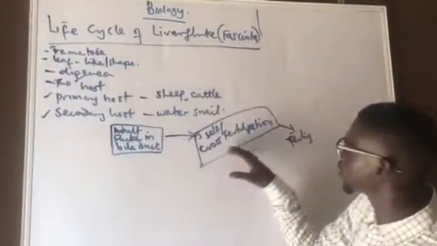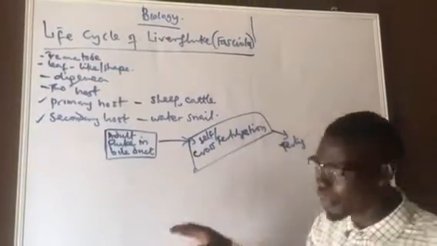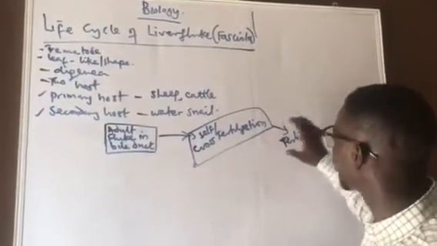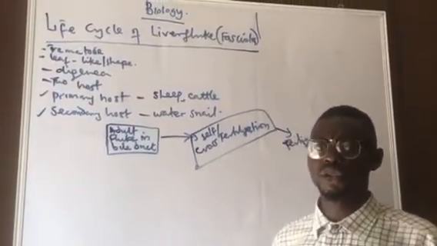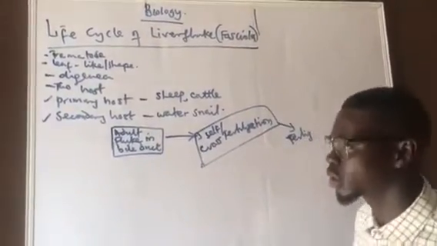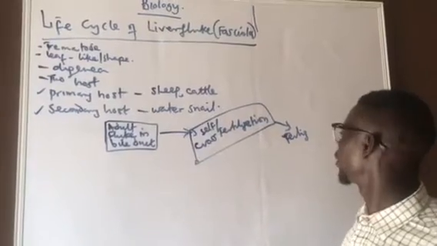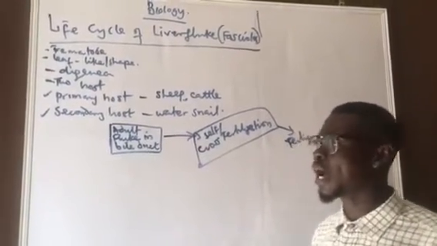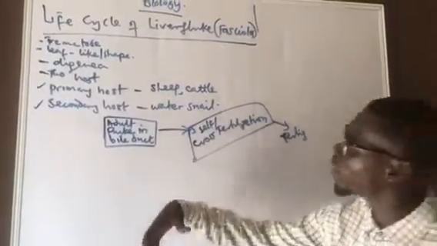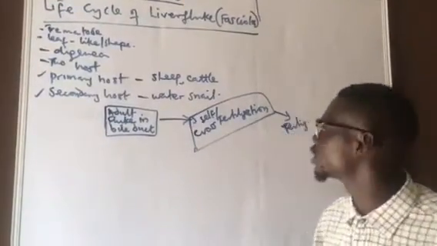After they have carried out fertilization in the bile duct, the fertilized egg will pass out through the bile duct to the gut, and then pass out of the body as feces, just like when a normal sheep or cow removes feces.